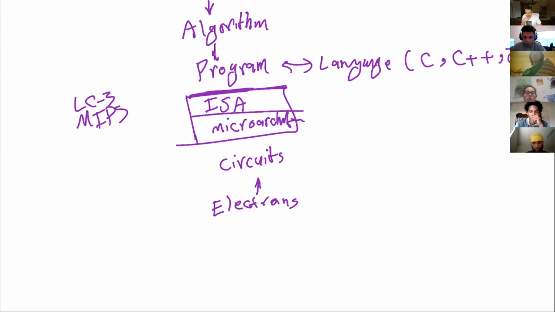Okay, and for one ISA, like MIPS, you could have so many different microarchitectures, right? You could have thousands of different microarchitectures even for MIPS. For x86, you could have an enormous number of microarchitectures, right? What is the difference between them?